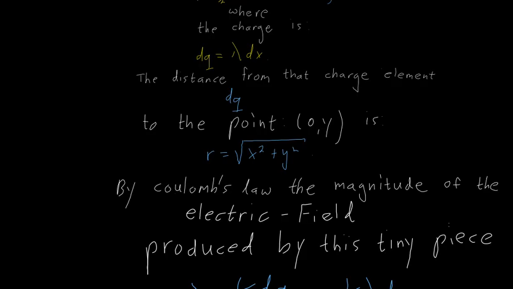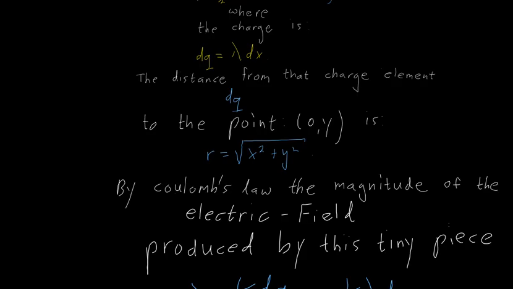I think that's straightforward. Coulomb's constant times charge density times dx over x squared plus y squared. I'm not doing anything super complicated. This should be rather straightforward. So as you can see, I've already figured out that factor. That's my dE.